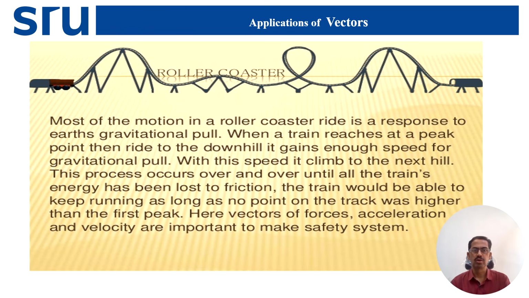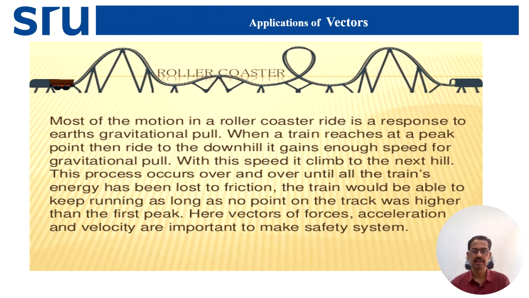Next, roller coaster. Most of the motion in a roller coaster ride is a response to the earth's gravitational pull. Right? You see this at a circus or any exhibition. When a train reaches a peak point and then goes downhill, it gains enough speed from the gravitational pull.